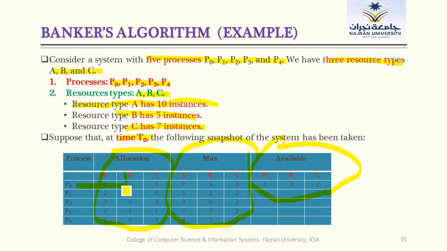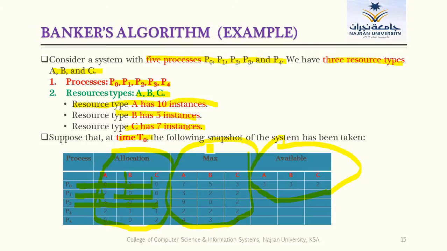For P0 it has 0 instances of C. In the same way P1 has 2 instances of A, 0 instances of B and 0 instances of C. Meaning currently this is allocated, they already have these instances. P2 has 3 instances of A, 0 instances of B, 2 instances of C and so on for P3 and P4. This is the allocation they currently have.